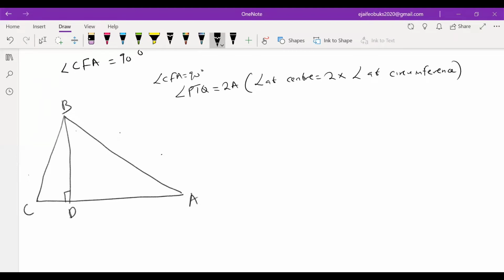Call this D. This was P. This was Q. This was F. Sorry, this should be, this was D, this was Q, this was P, A, P, Q, this was the second center, T. Let's put T somewhere around here.